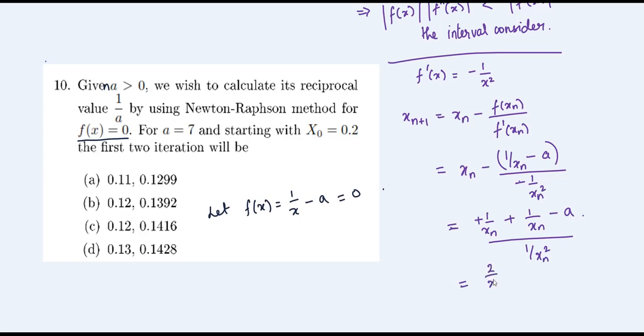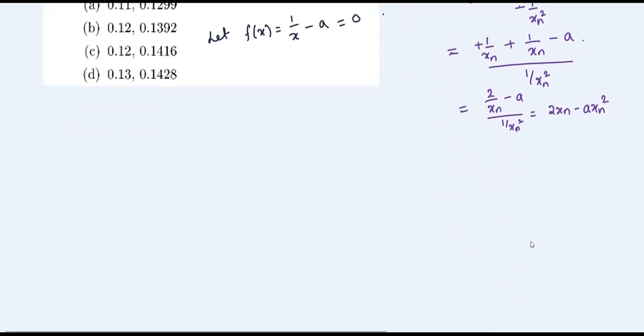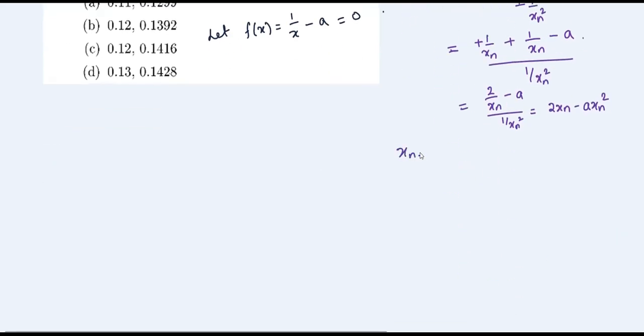So here we get 2 by xn, so we get 2xn minus a xn square. So this is our iterative step.